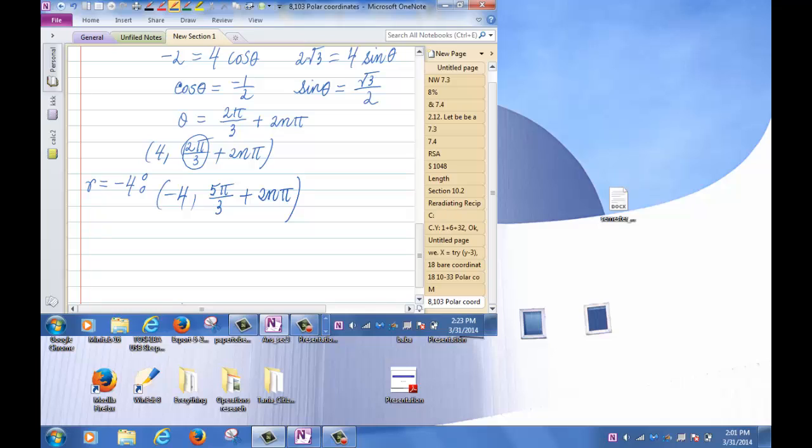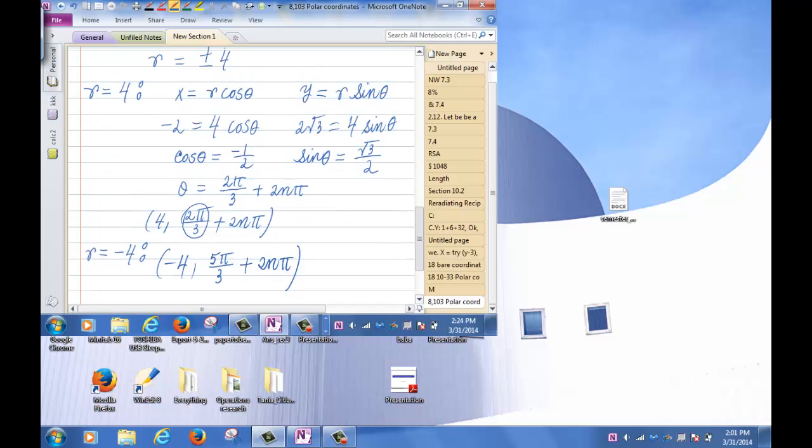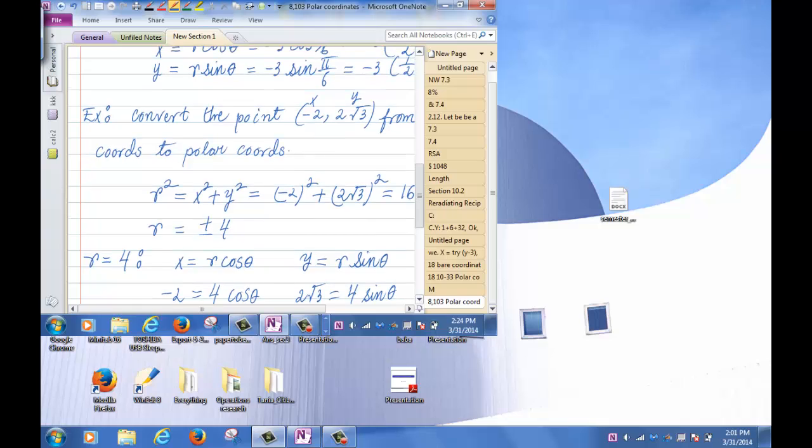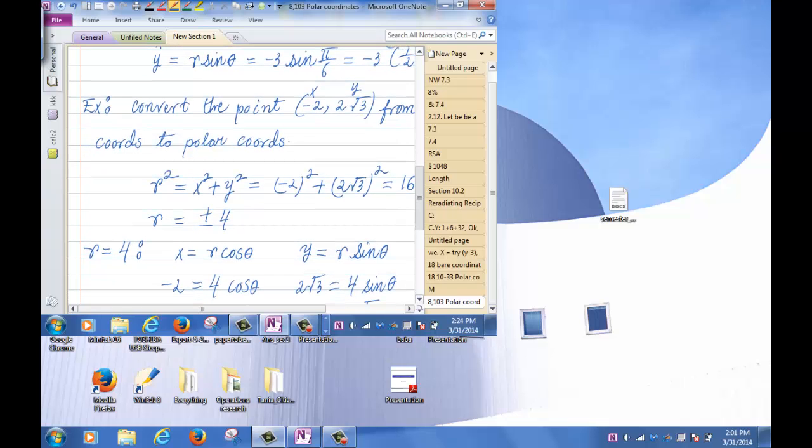You can see that converting from rectangular to polar is the harder problem. The other one was very easy. So which one do you think I'm going to ask you in the exam? Yeah, I'm going to ask both of them.